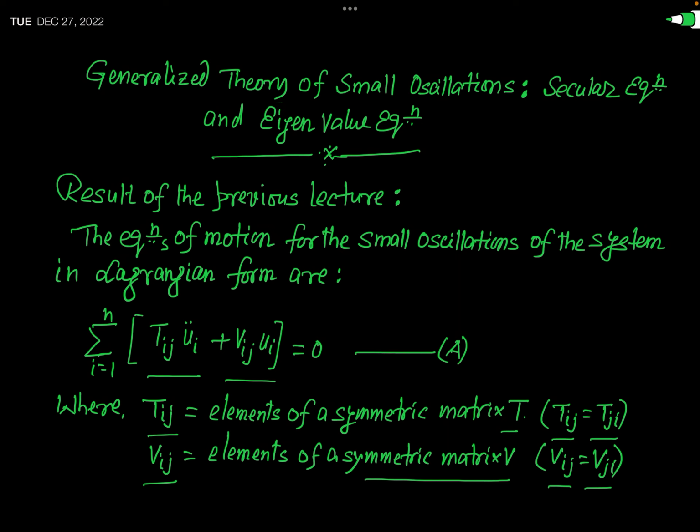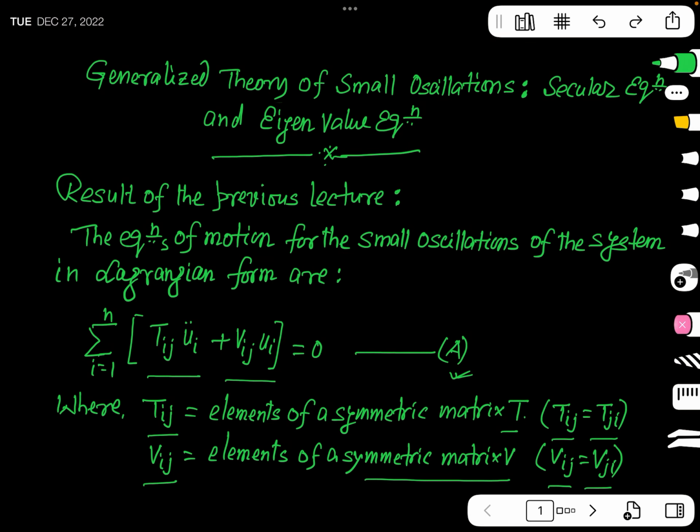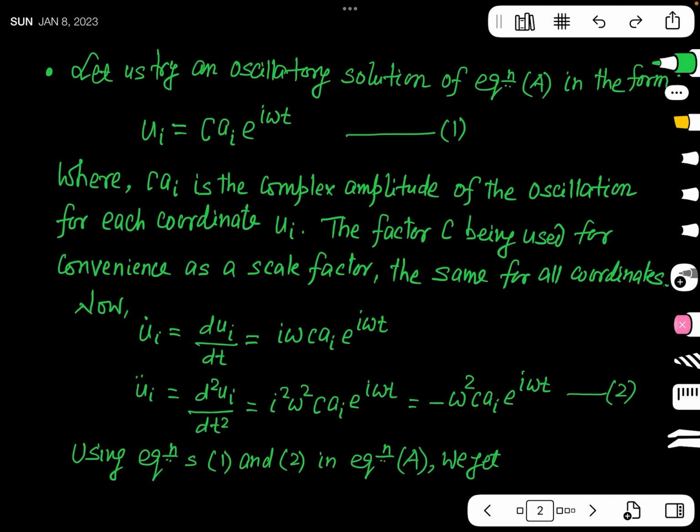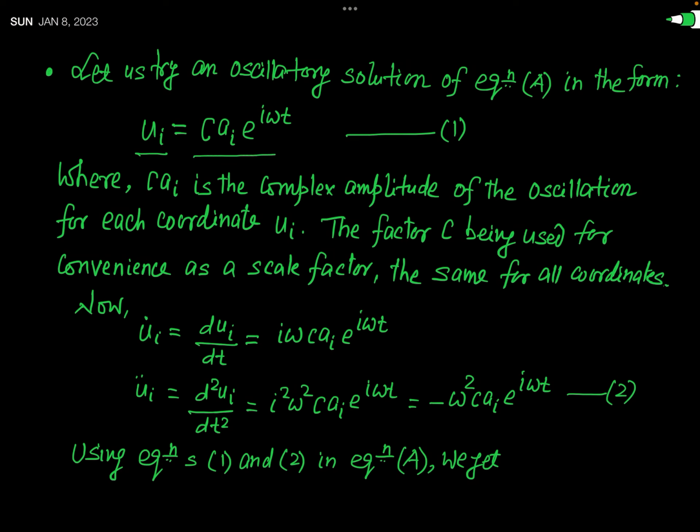In fact, we try to find the solution of this equation A in oscillatory form. Writing the solution in oscillatory form like this: ui equal to C ai e to the power i omega t.